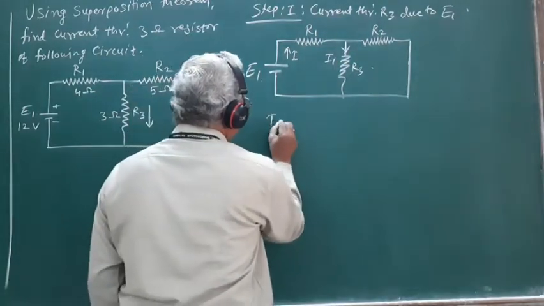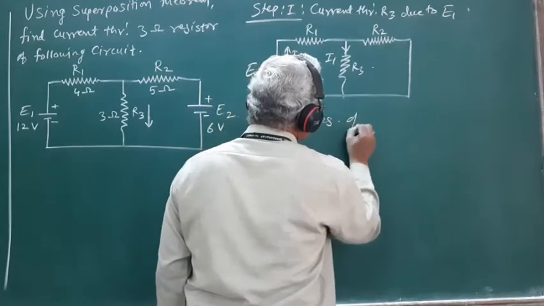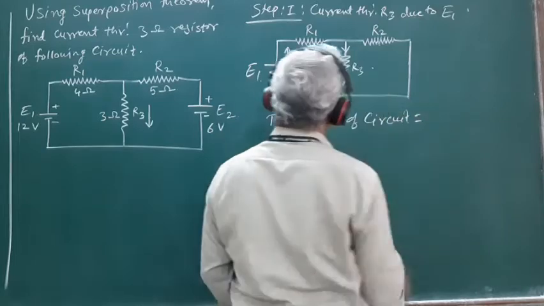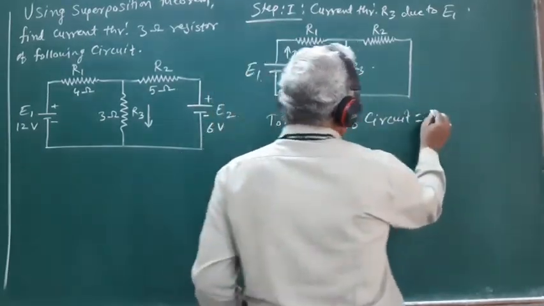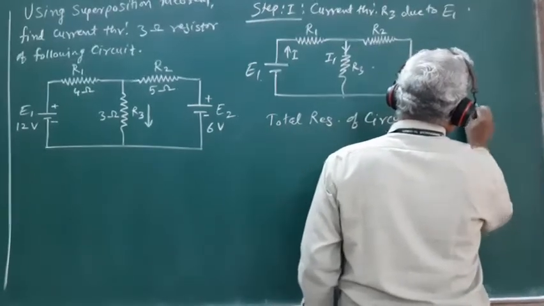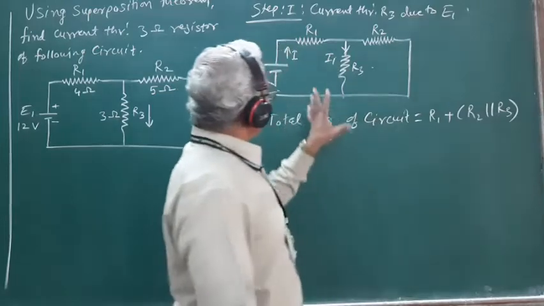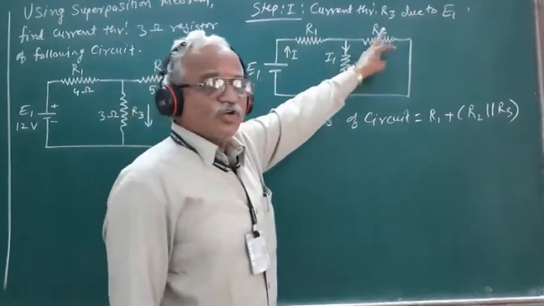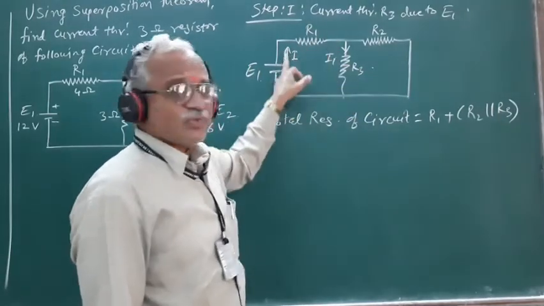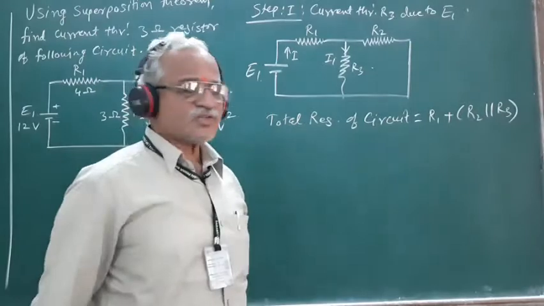So the total resistance of the circuit is equal to R1 plus R2 parallel R3. Here what we observe is that the parallel combination of R2 and R3 is connected in series with the resistance R1. So that is the total resistance of the circuit.